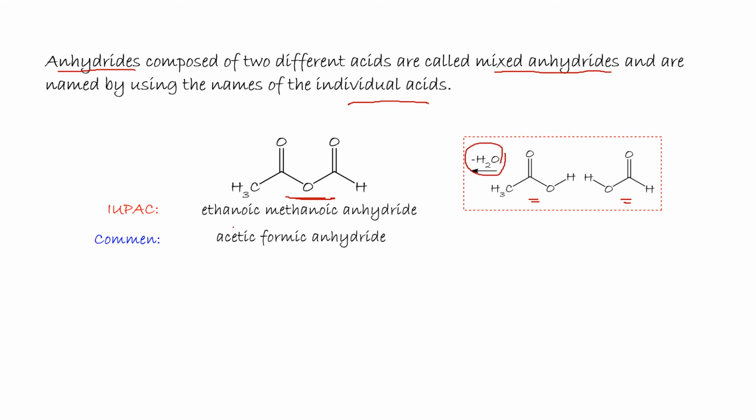Eliminate water, it provides ethanoic methanoic anhydride. Since we can name the acids by common name, here is acetic, here is formic, it will also be, by common name, acetic formic anhydride.